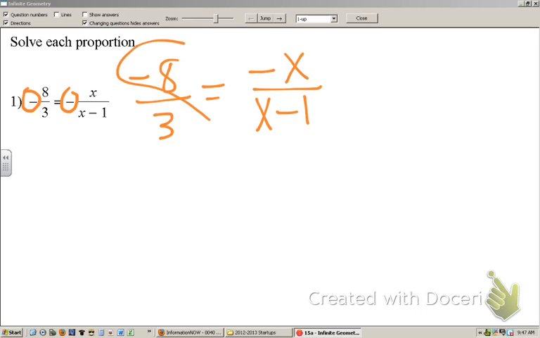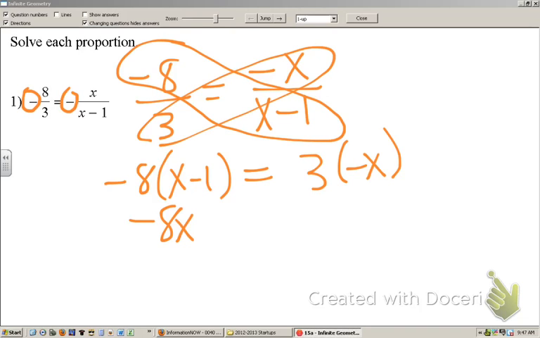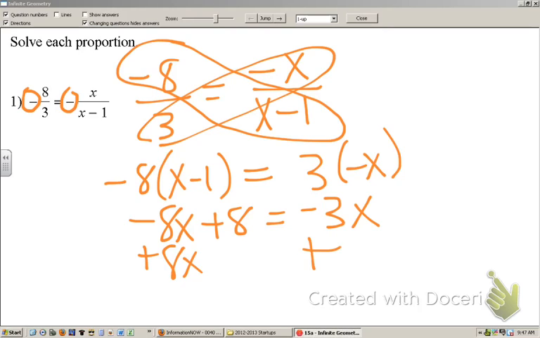So I'm going to have negative 8 times x minus 1 is equal to 3 times the negative x. So I have negative 8x plus 8 equals a negative 3x. Solve. I'm going to add 8x to both sides.